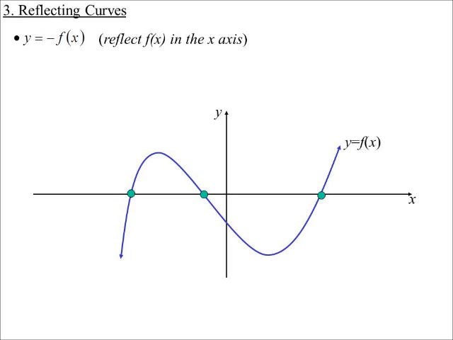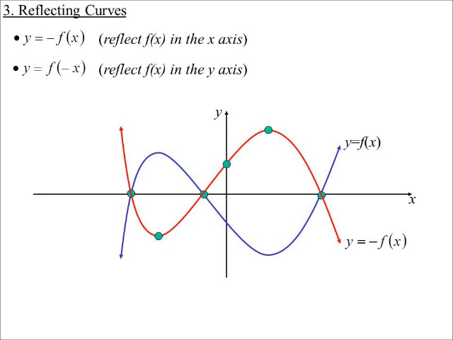And so negative 0 is still 0. But let's reflect the key points. So my y-intercept, instead of being at negative whatever, will now be positive whatever. Stationary points, they're probably good ones to reflect as well. And so from there you can usually get a good graph. There's minus function x.